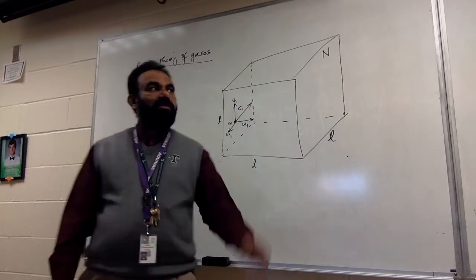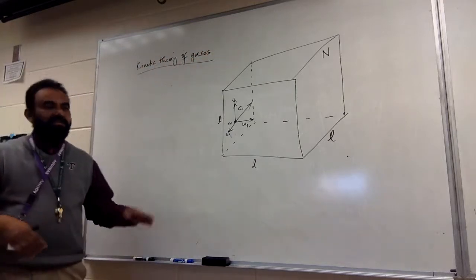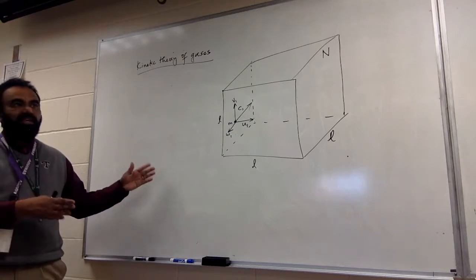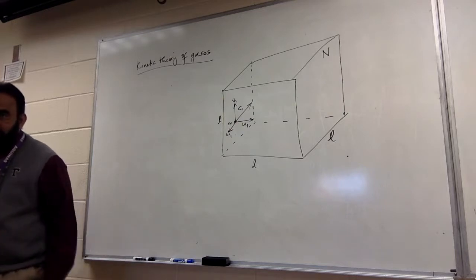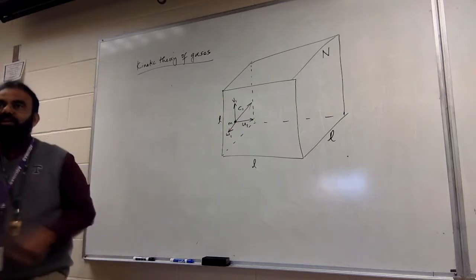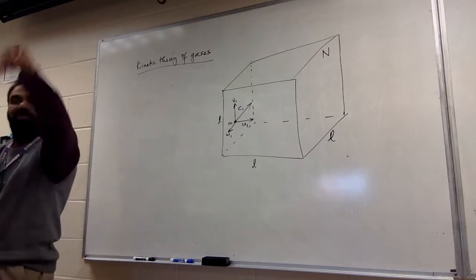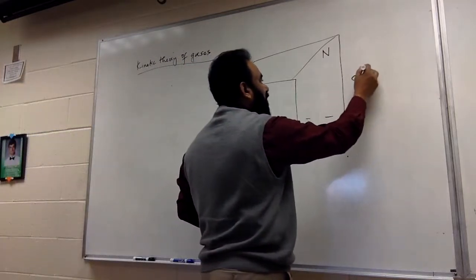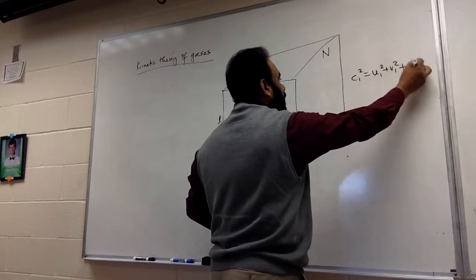Why? Because what is the length from that corner to that corner? It is just length square plus height square, right? And on the ground it's going to be length square plus width square. Now if I raise it up, I have this and I have that. You do the Pythagorean theorem again and you get that. So c1 squared is equal to u1 squared plus v1 squared plus w1 squared.